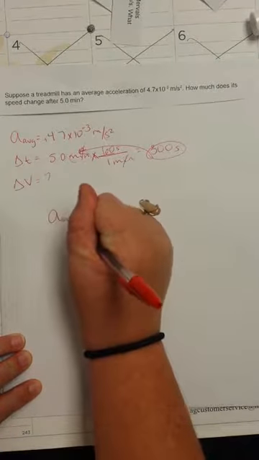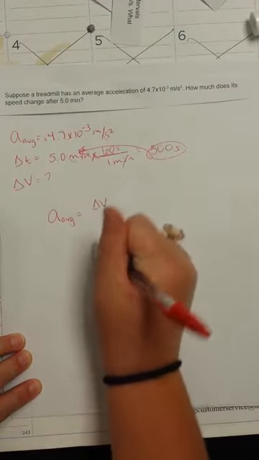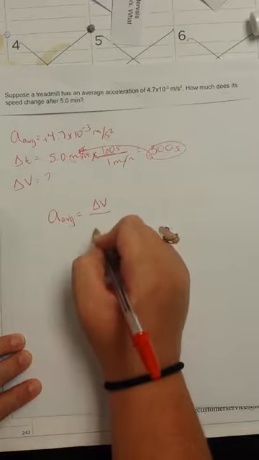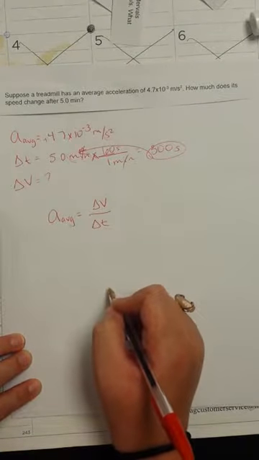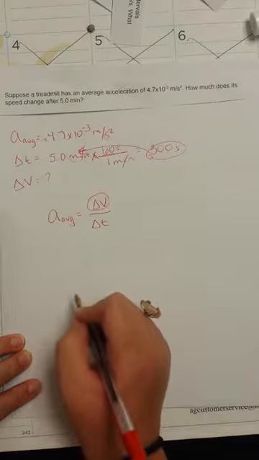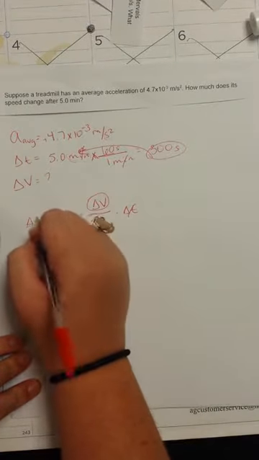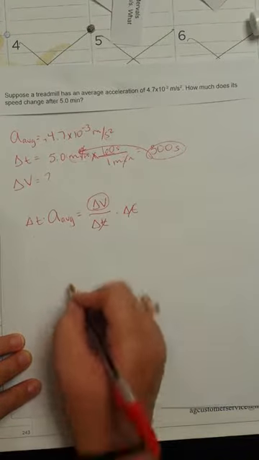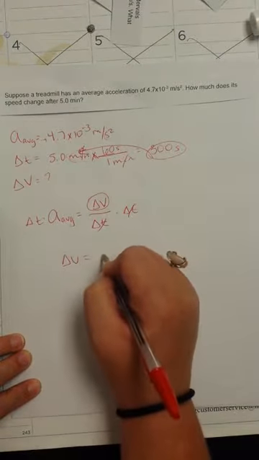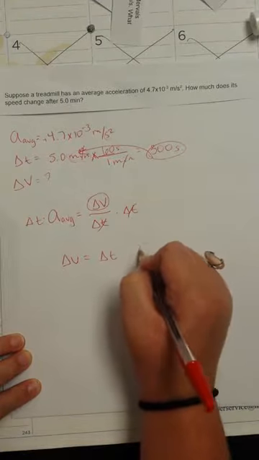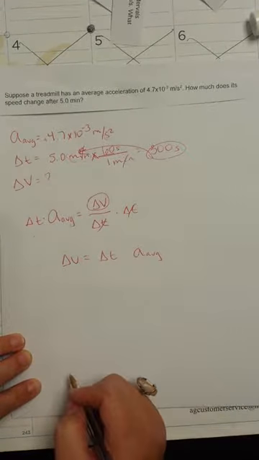So our average acceleration is equal to our change in velocity, or change in speed, divided by our time. And if I'm looking for delta V, I'm going to multiply both sides by time, and I am set. So here I've got delta V is equal to delta T times average acceleration.